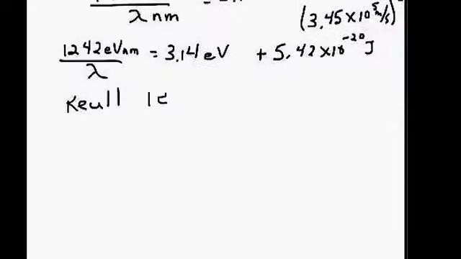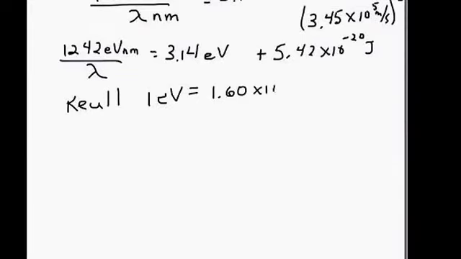We want to recall that 1 electron volt is equal to 1.60 times 10 to the negative 19 joules. So we're going to use that as our conversion factor for 5.42 times 10 to the negative 20 joules.